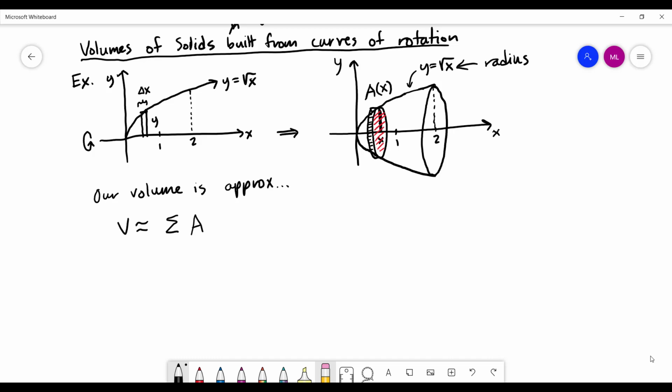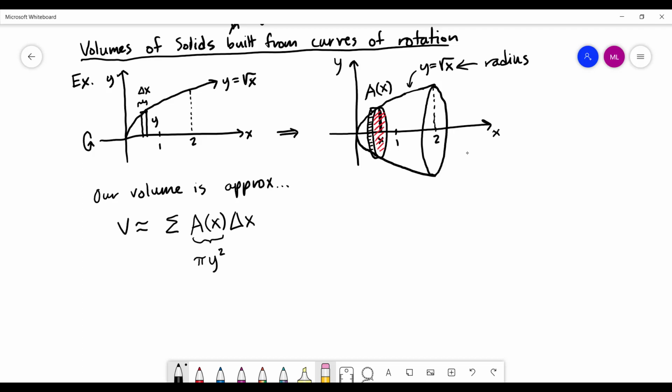So we take the area, multiply by our little thickness that we just said. This area is going to be pi times y squared, because y, again, is our radius up here. And that's going to give us the result. I'm going to leave off the indexes, the i equals 1 up to n, and just say sort of generically this is what it looks like.